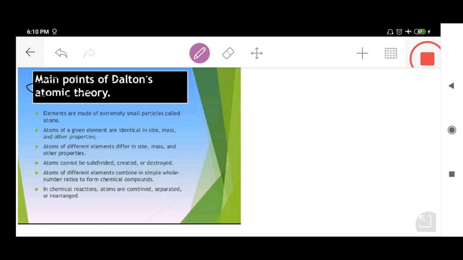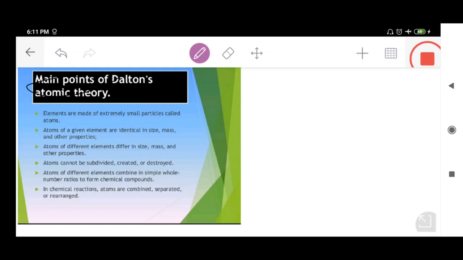Firstly, regarding this atom, let me recapitulate what we discussed. I told you that this atom is actually the basic building block of matter, and without thinking about the atom, it's impossible for us to discuss matter. I told you that around the 6th century BC, the Greek philosophers like Leucippus, Democritus and Epicurus suggested that subdivision of matter is possible.